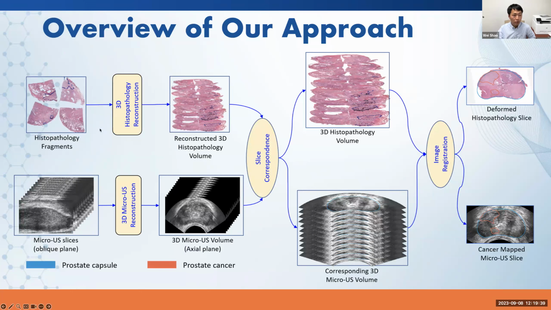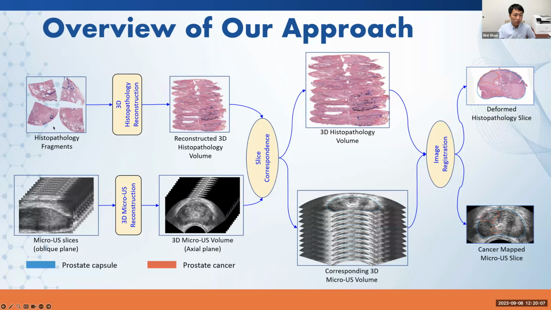So at UF, we don't have whole mount histopathology images because the prostate section is very often larger than our glass slide. So what we do is we cut a prostate section into several small pieces, and we mount each small piece into a separate slide, and we do the H&E staining.